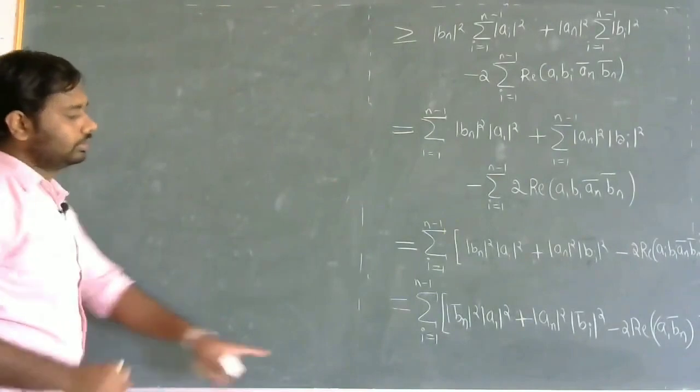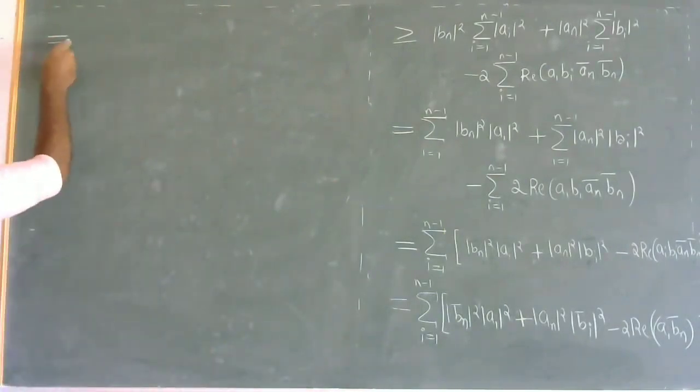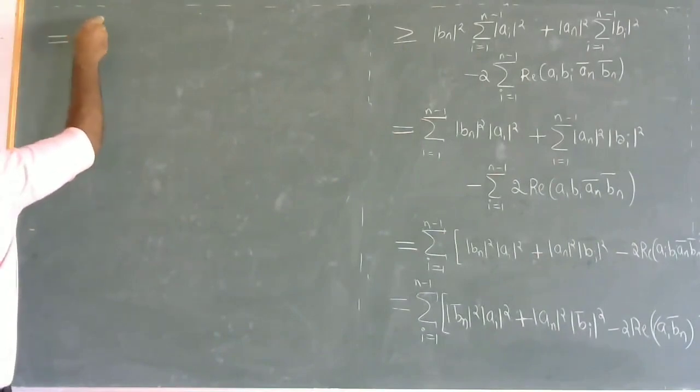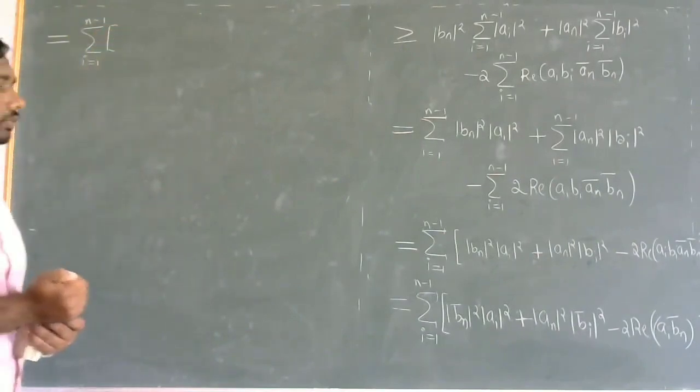So now the last step. This step is equal to summation i running from 1 to n minus 1.